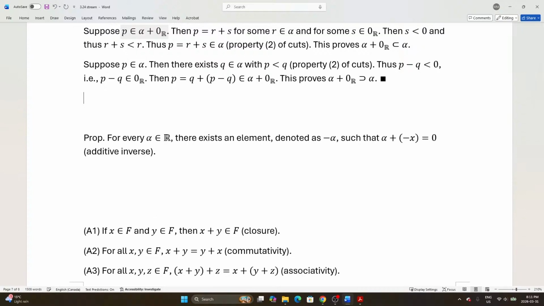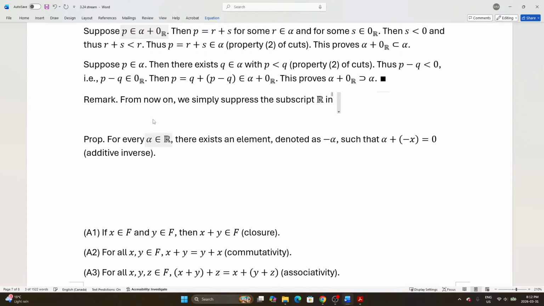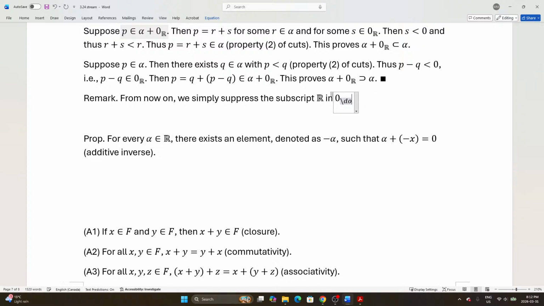Let me put a remark here. From now on, we simply suppress the subscript R in our 0 element whenever there is no confusion.